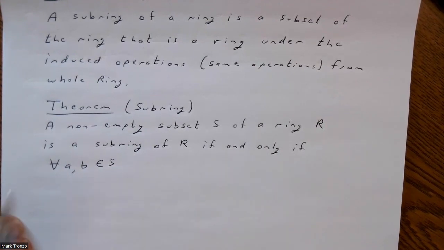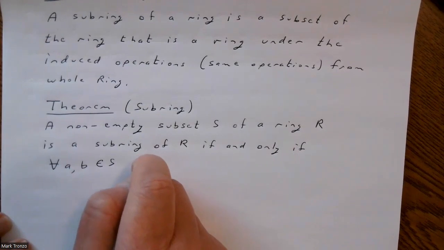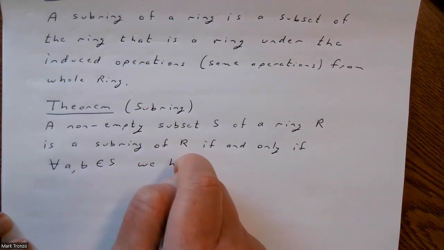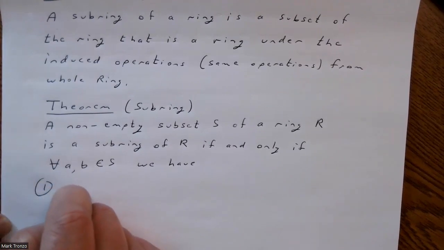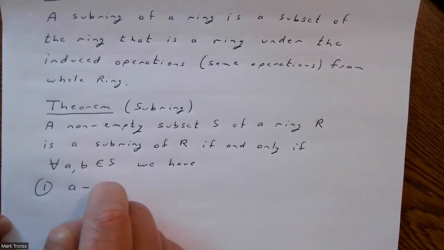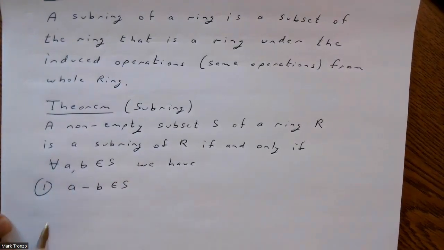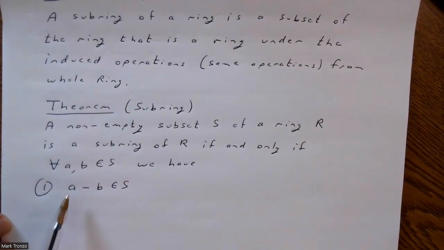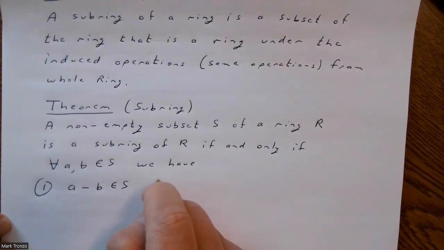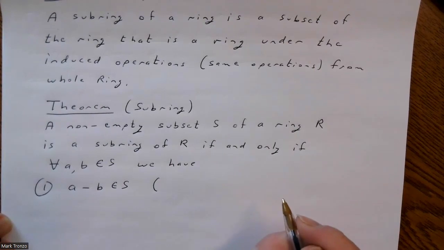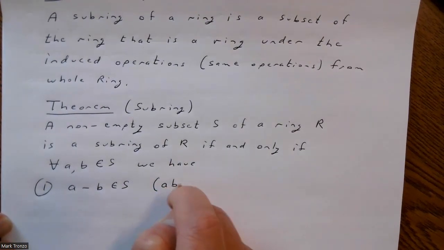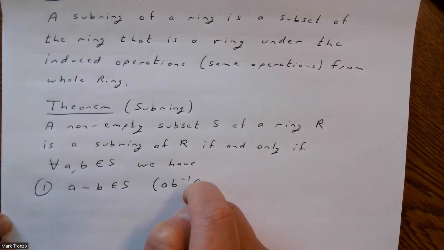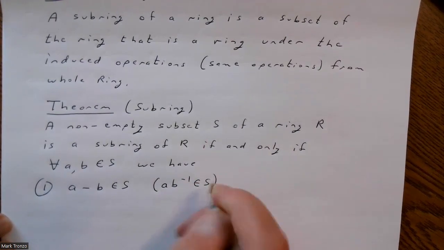If and only if for all A and B in S we have that number one, A minus B is in S, which I guess would be that if you take, so you could sort of say it this way. So like A minus B, but it's almost like saying A, B inverse, just like we had before. Again, it just depends upon which operation.